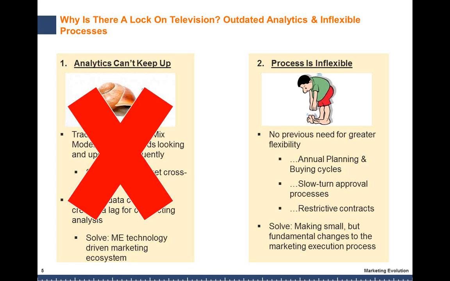And so the typical process won out, which was an annual planning and buying cycle, typically a very slow-turn approval process. For most marketers that annual approval process lasts between 2 and 3, sometimes even 6 months, and also involves very restrictive contracts.